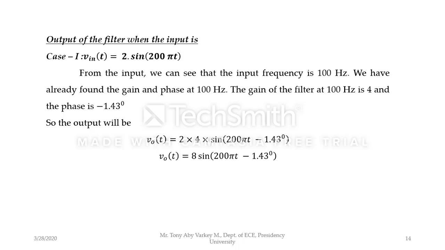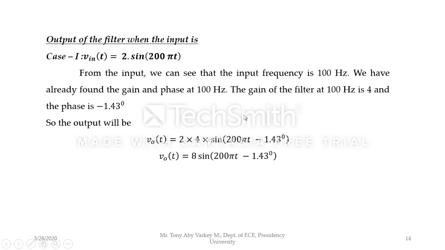Now another question in that was the output of the filter when the input is, in the first case, 2 sine 200 pi t. Normally an input is represented as Vm sine 2 pi ft. Correct. So here 2 pi f is 200 pi, which means frequency is 100 Hertz. So for this signal, the frequency is 100 Hertz.